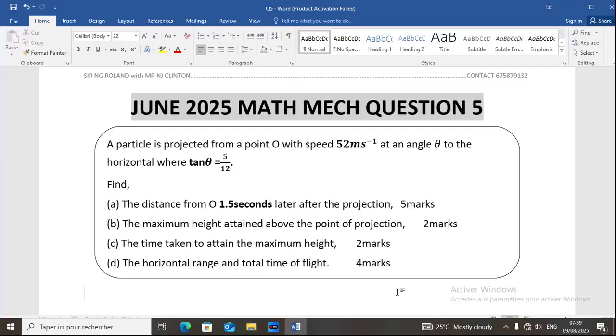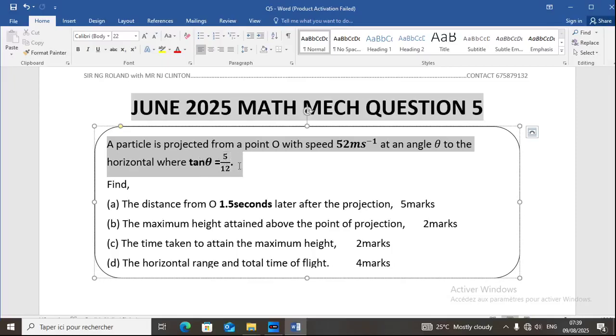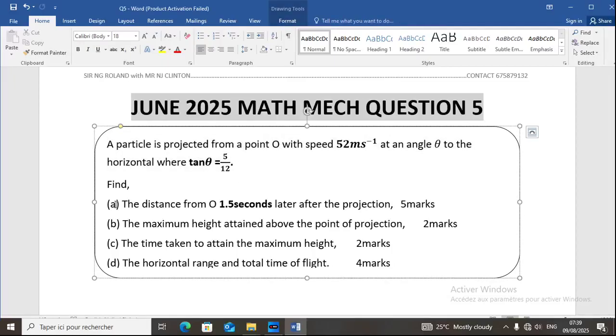The question read: a particle is projected from a point O with speed 52 meters per second at an angle theta to the horizontal, where the tangent of theta is equal to 5 on 12. Find A, the distance from O 1.5 seconds after the projection. That was 5 marks.